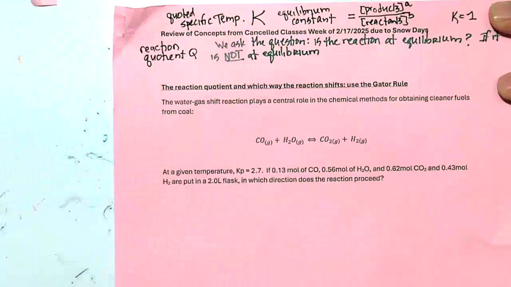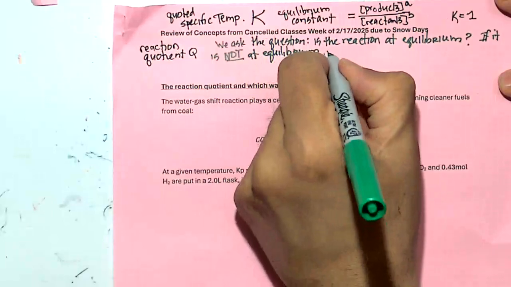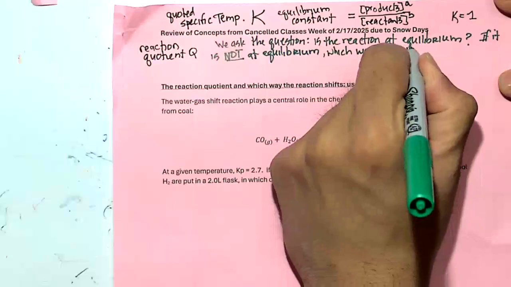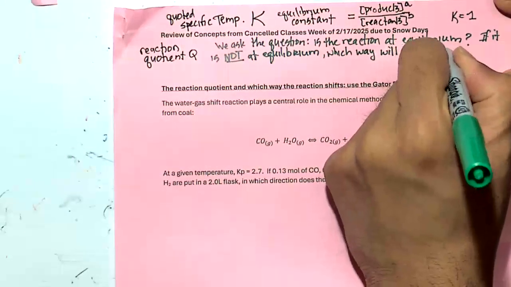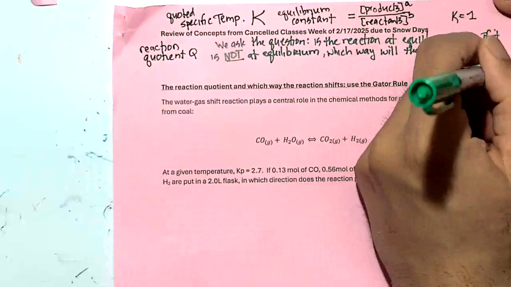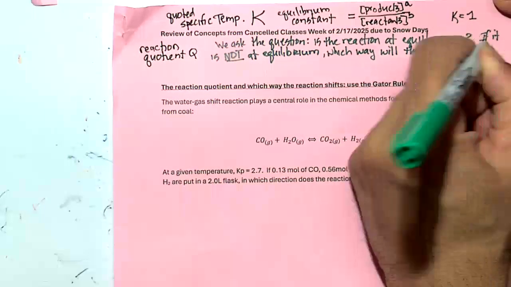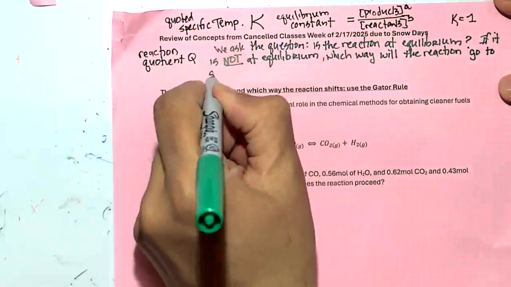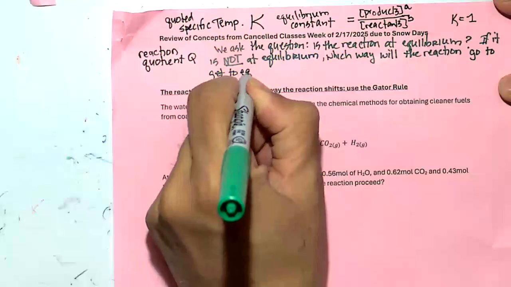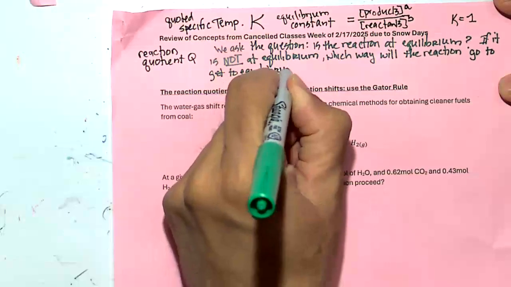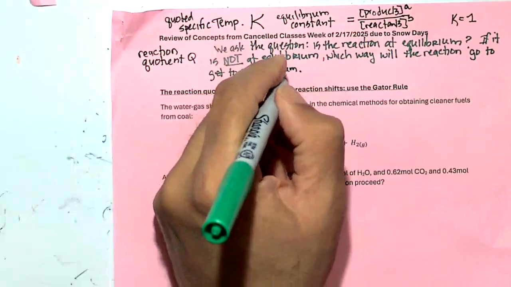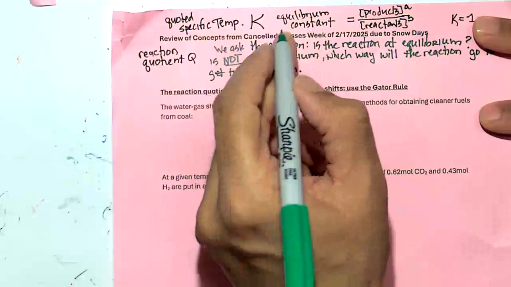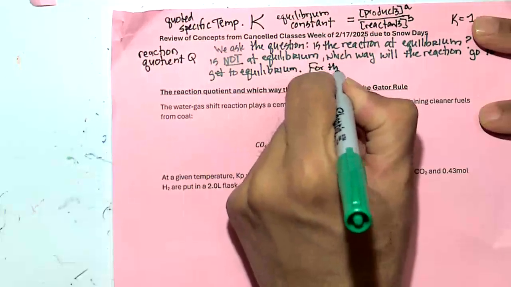Which way will the reaction go to get to equilibrium? For this, we have to compare Q to K.